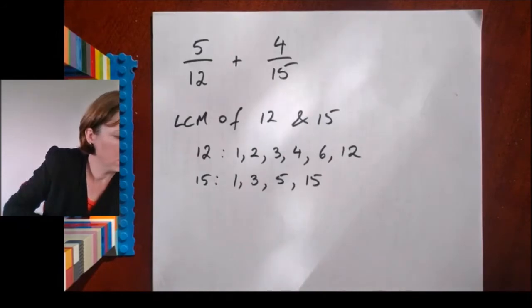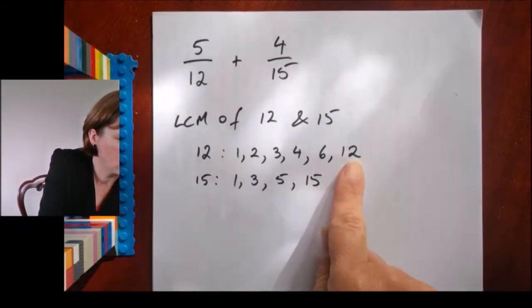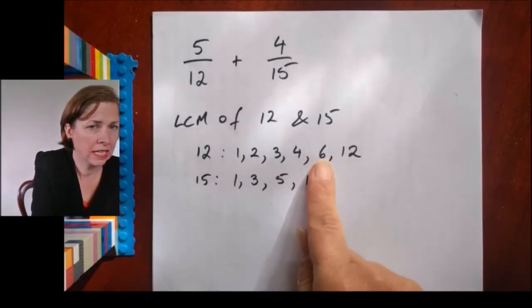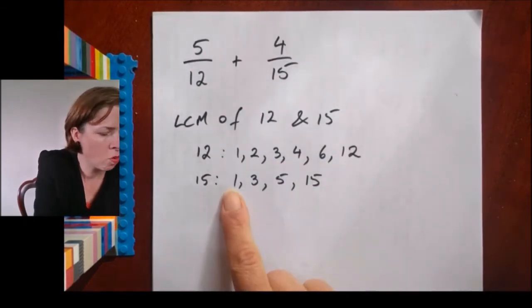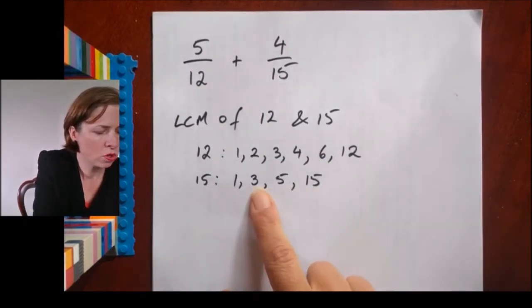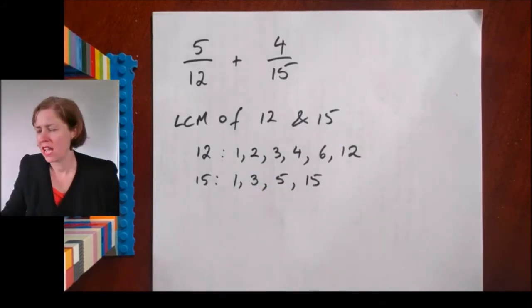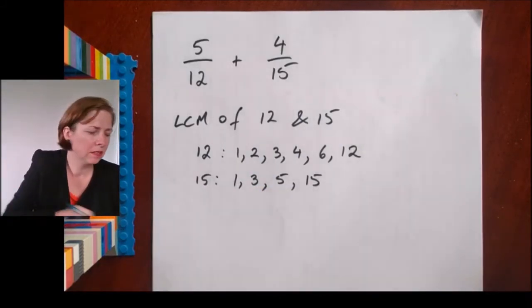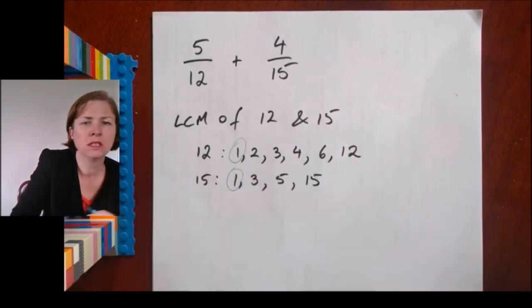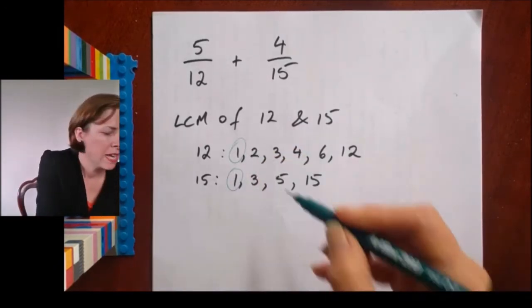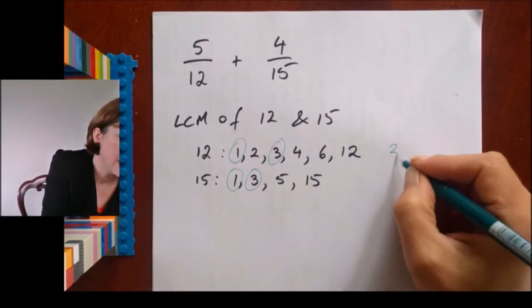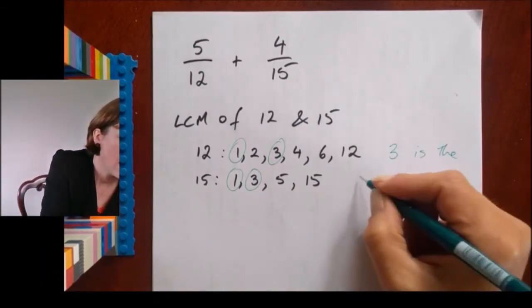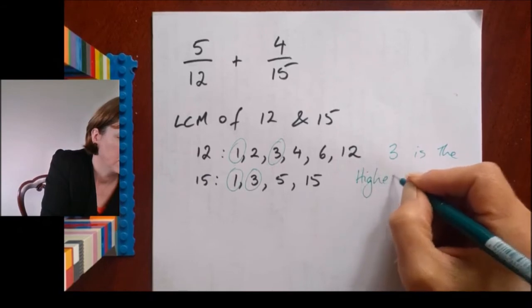To get 12, I've got 1 times 12, 2 times 6, 3 times 4. To get 15, I've got 1 times 15 or 3 times 5. So now, do I have something in common? Well, the 1 is in common, the 3 is in common, and that's all. So 3 is the highest common factor.